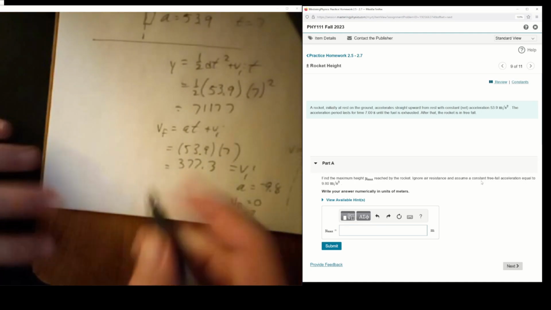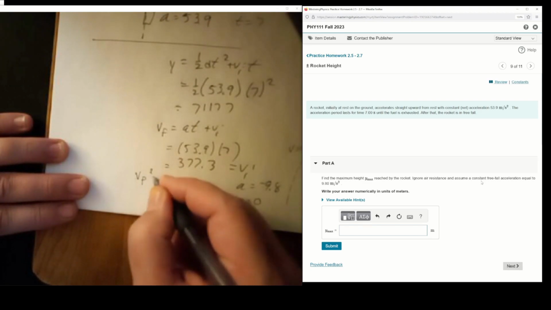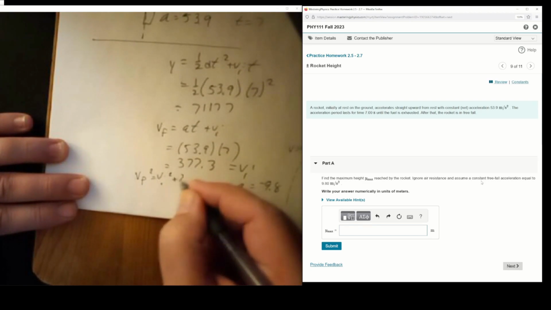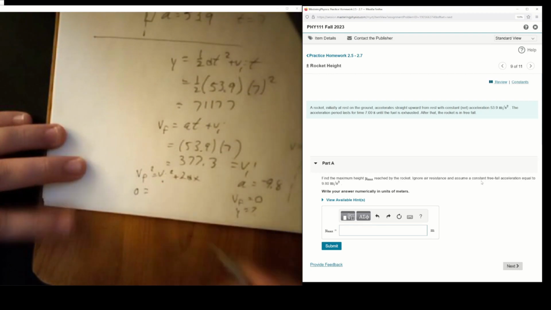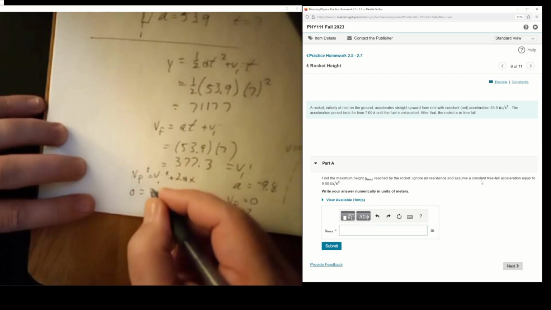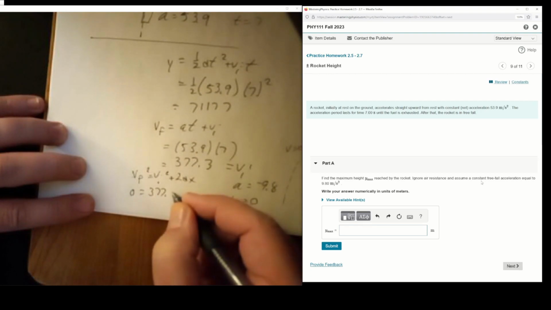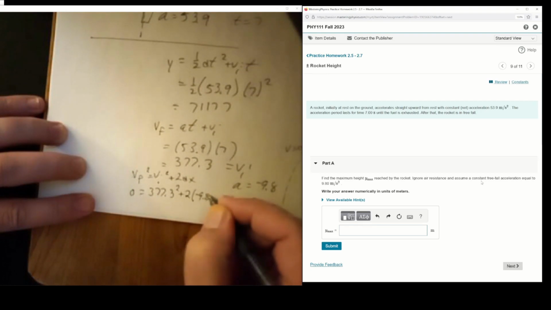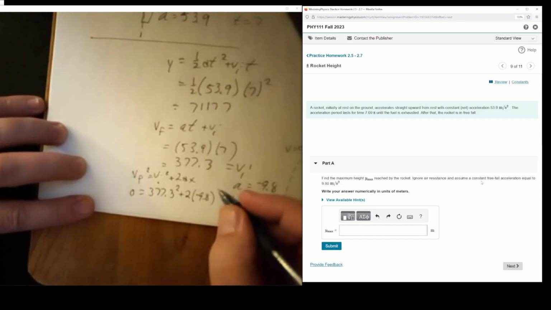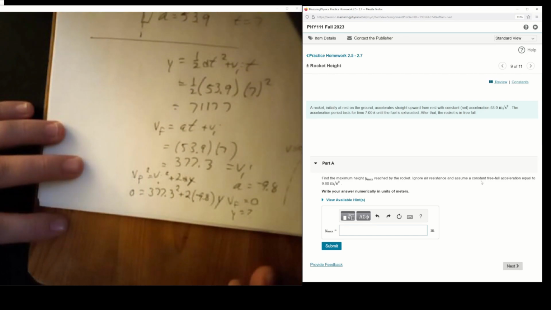And then we can use this equation where final velocity is 0. We know the initial velocity, and minus 9.8 for being in free fall. And then we can figure out y.